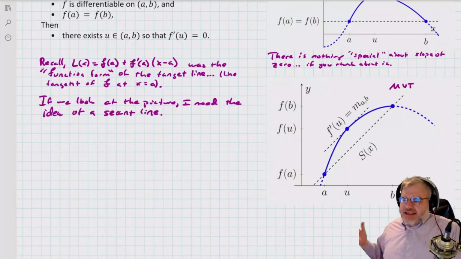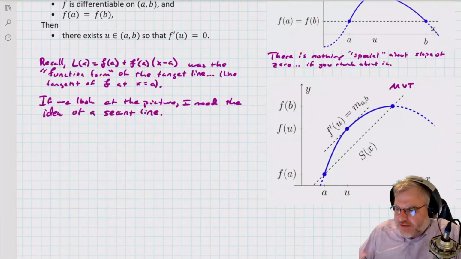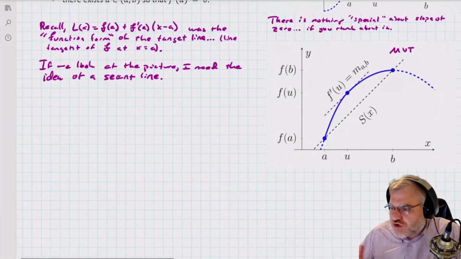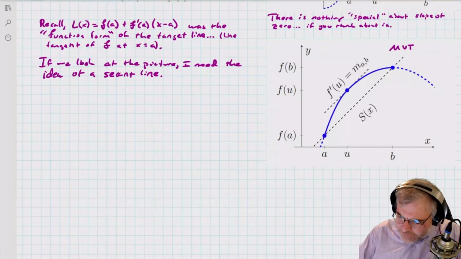We're going to need that in order to figure out what this thing is really saying. So let's do the definition.